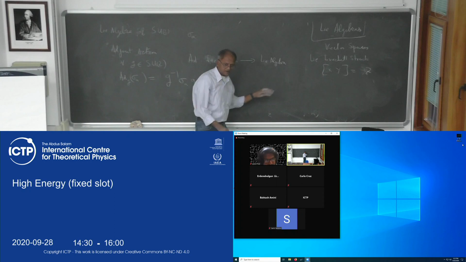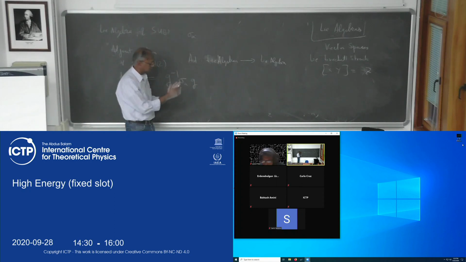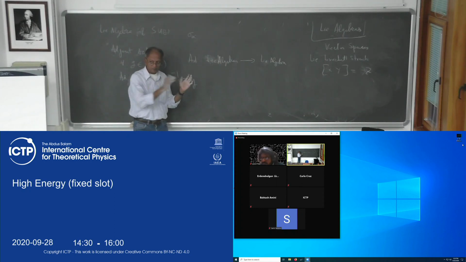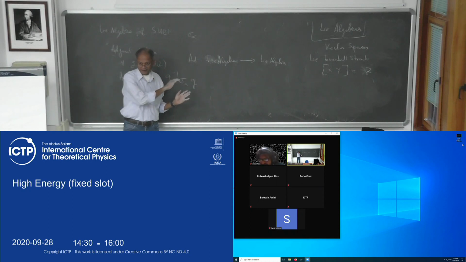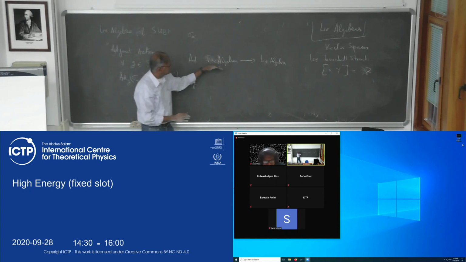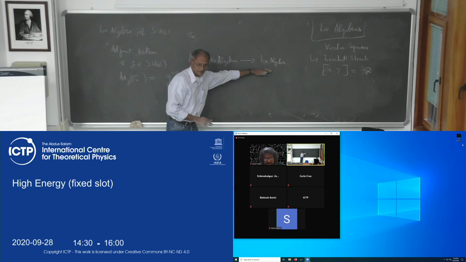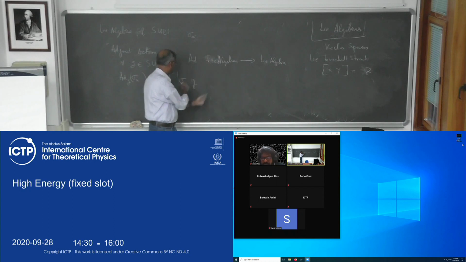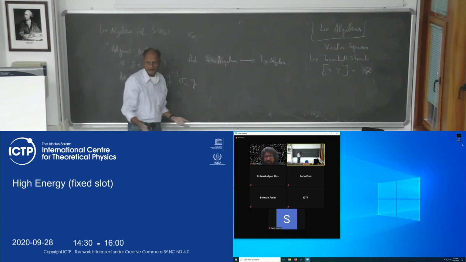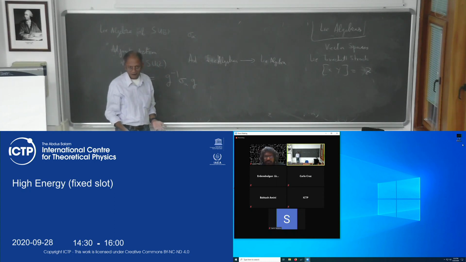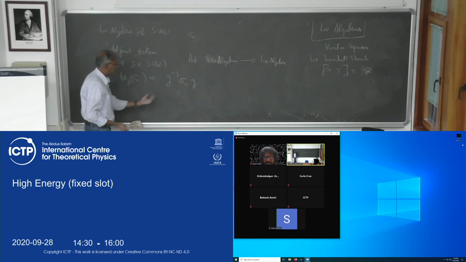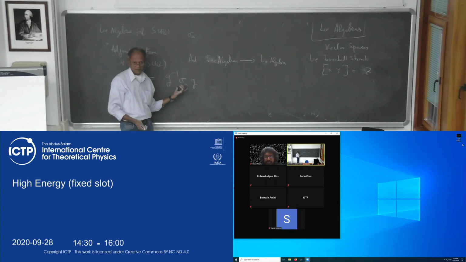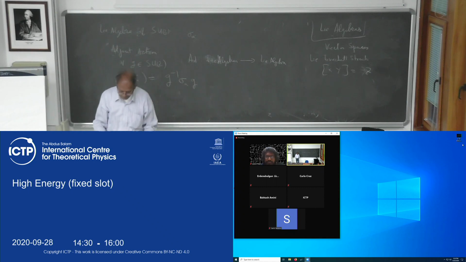Of course, you can also consider actions which take you from one space to another space, but we are not considering that. We are considering an action which takes the Lie algebra to itself. If you take an element of the Lie algebra, it should again be an element of the Lie algebra. So the first question you can ask is: how can I be sure that this is in the Lie algebra, that this is a generator?